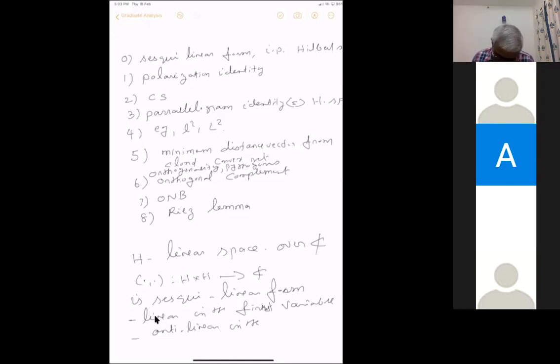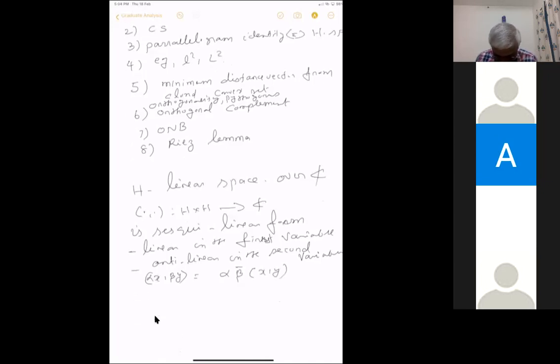It's called a sesquilinear form. It's linear in the first variable, antilinear in the second variable. That is, if you take (x, y) and put alpha beta y, this will look like alpha beta bar (x, y).